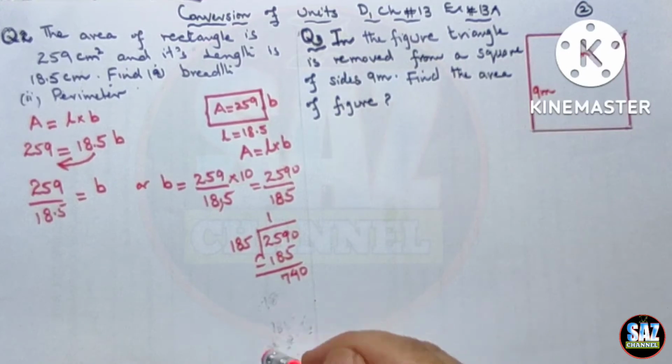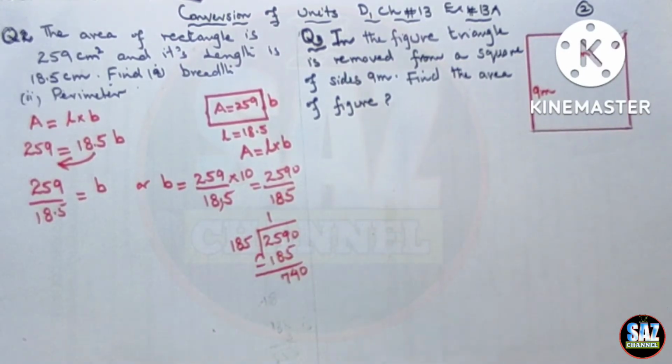Let me give one more try. 185 multiplied by 4: 4 5s are 20, 8 4s are 32 and 2 is 34, 4 1s are 4 and 3 is 7. So I hope 185 4 times is suitable.